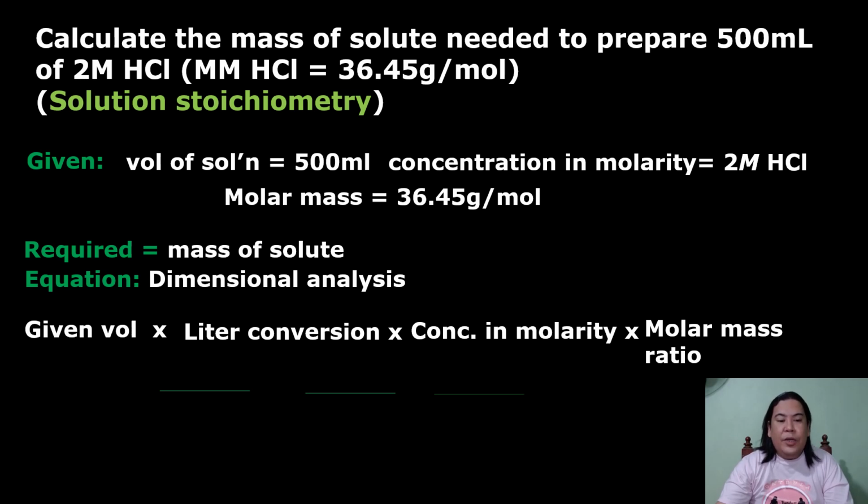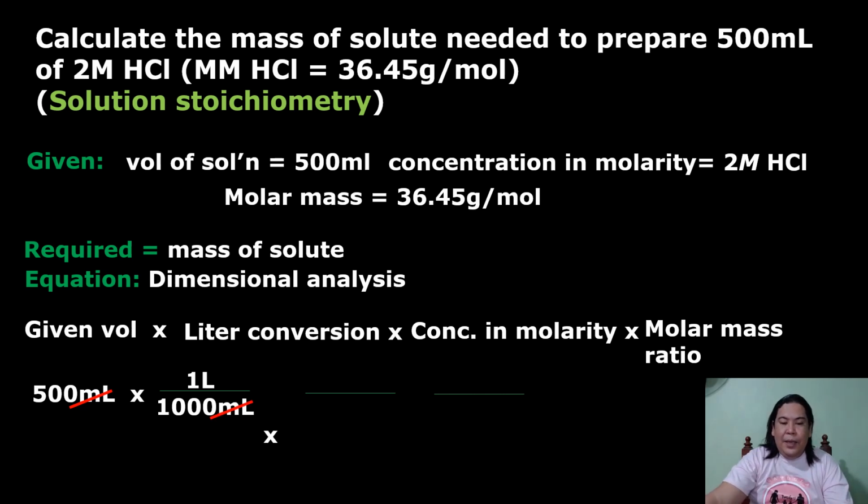So for our first value, given volume is 500 ml, and then liter conversion, next step. For every 1 liter, there is 1000 ml, and then cancel the unit ml, then followed by the concentration in molarity. Okay, so our concentration in molarity is 2 molar, and 2 molar is also the same as 2 mole for every 1 liter.